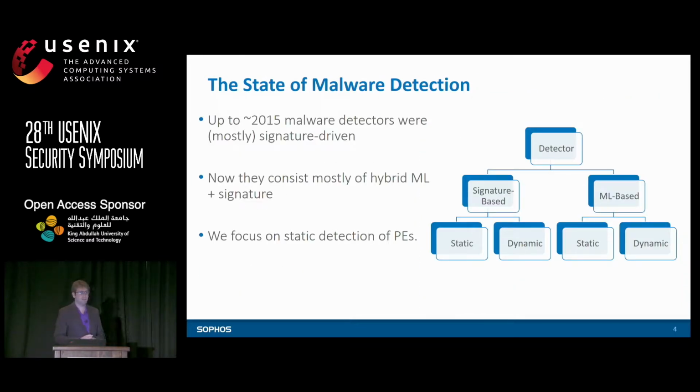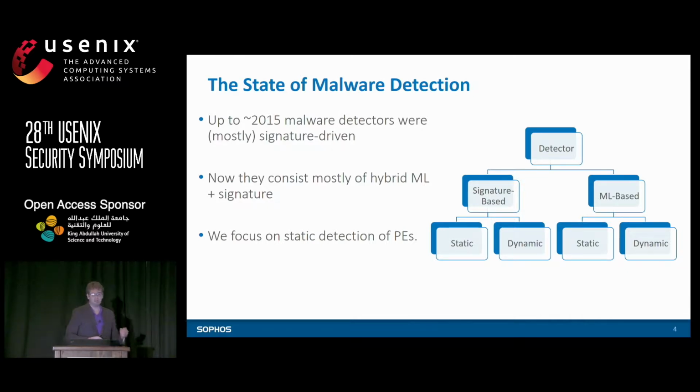Before I dive into the guts of how ALOHA works, since we have people from all sorts of fields, I wanted to take a minute to review the state of malware detection and where we're at. So up until around 2015, malware detectors were generally signature-driven, with a few exceptions. In around 2015, machine learning for malware detection came around and got into a lot of companies, a lot of pipelines, et cetera.